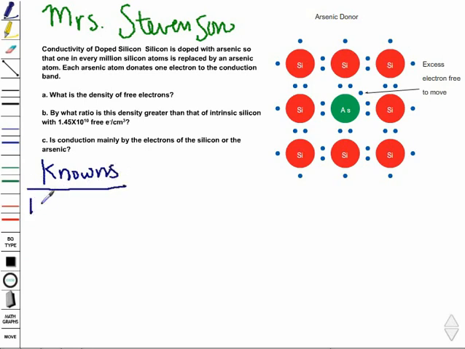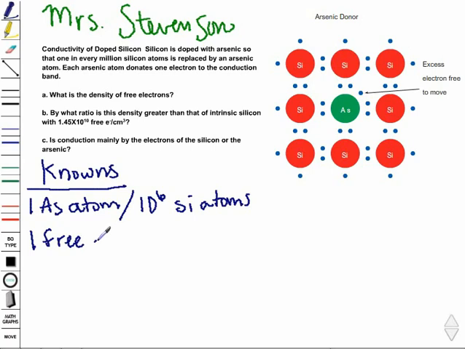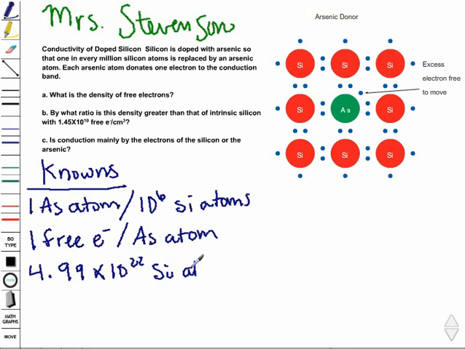And we know that there is 1 arsenic atom for every 10 to the 6th silicon atoms. We also know that there is 1 free electron from every arsenic atom. And we also can determine that there are 4.99 times 10 to the 22nd silicon atoms per centimeter cubed.